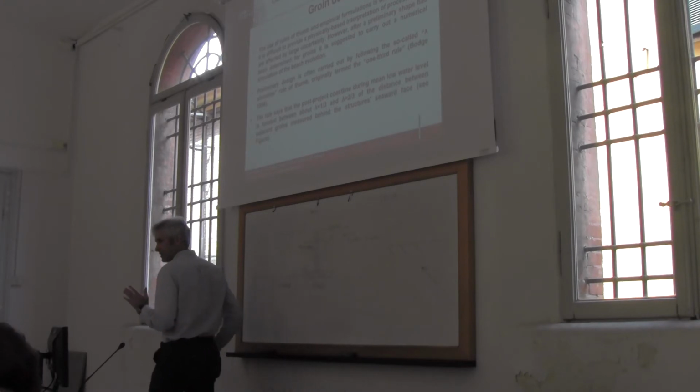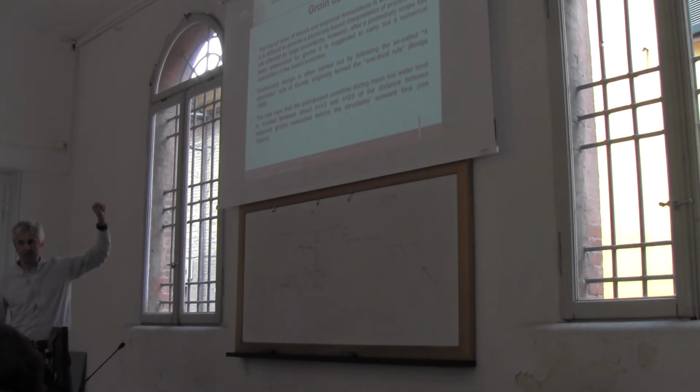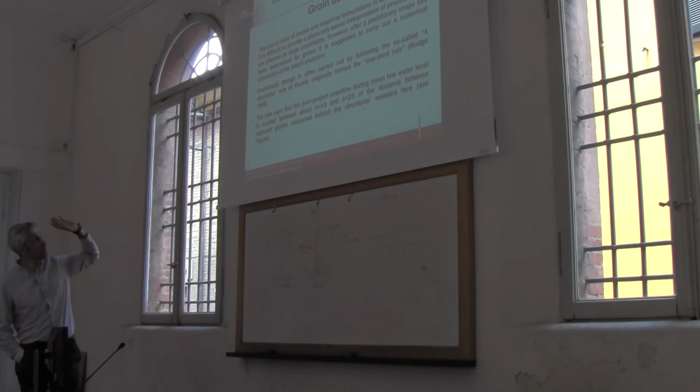So, rule of thumb. We start with some empirical rules, or rules of thumb, in order to understand the basic behaviors of groins. And then, if needed, we apply a physical model. This is the approach that we follow here.